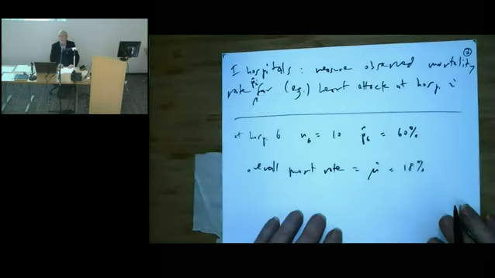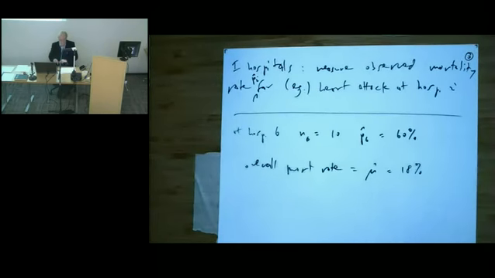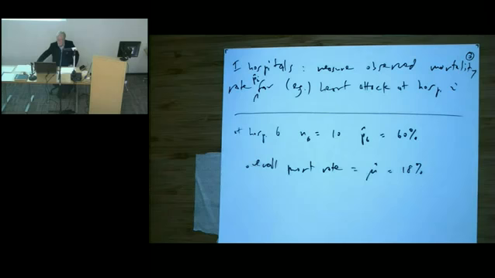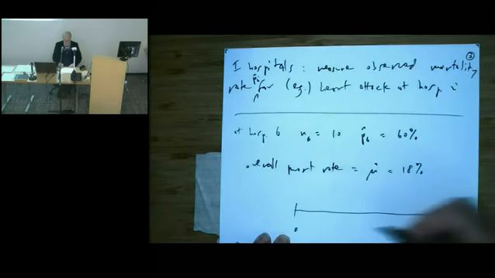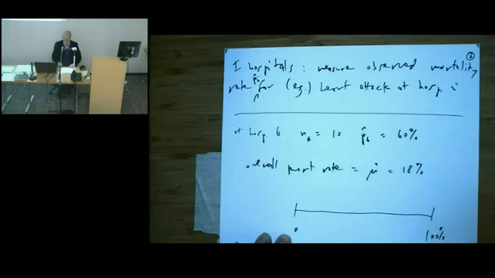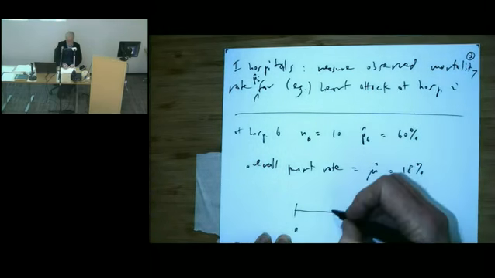So now I ask you to play a prediction game with me. I ask you to predict what the observed mortality rate will be at hospital 6 next year, in such a way that I'm going to give you more money the closer your prediction is to what actually happens. Here are some possible guesses that you could make. Here's the whole number line from 0 to 100%, and I'll locate 60%, and I'll locate 18%.